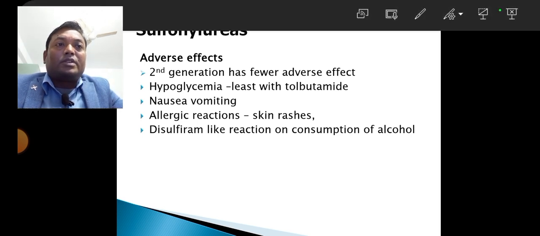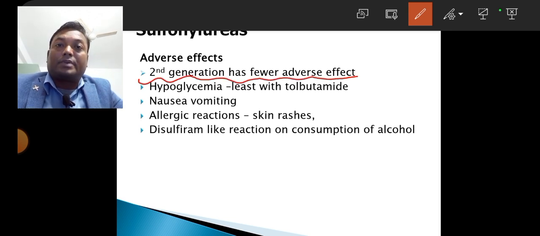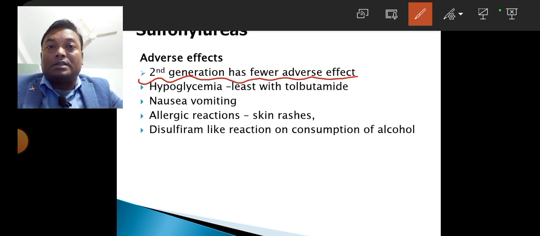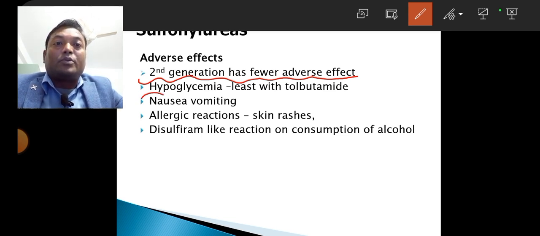Adverse effects of sulfonylurea are very important as far as the exam is concerned. The second generation has fewer adverse effects compared with the first generation. Hypoglycemia is the major side effect of sulfonylurea, but it is least with the second generation, and among the second generation it is again least with tolbutamide.